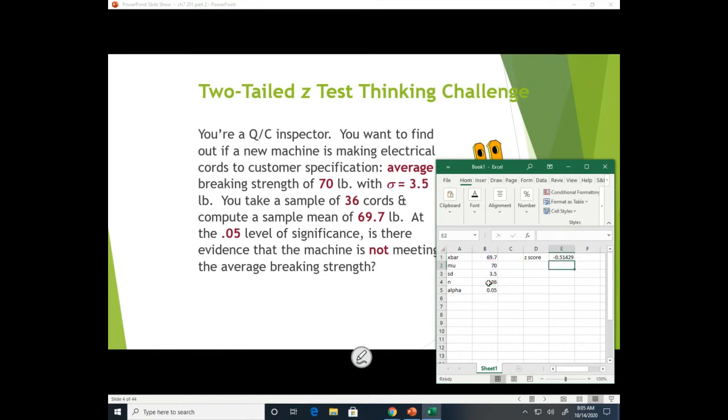That gives us our z-score. It's just the formula for calculating the z-score based on the data we're given.